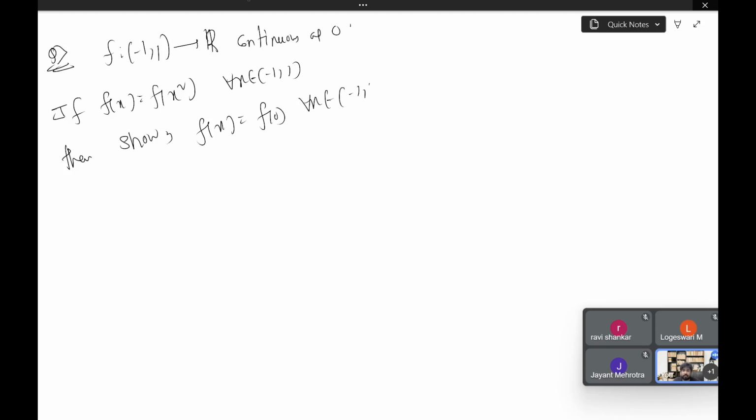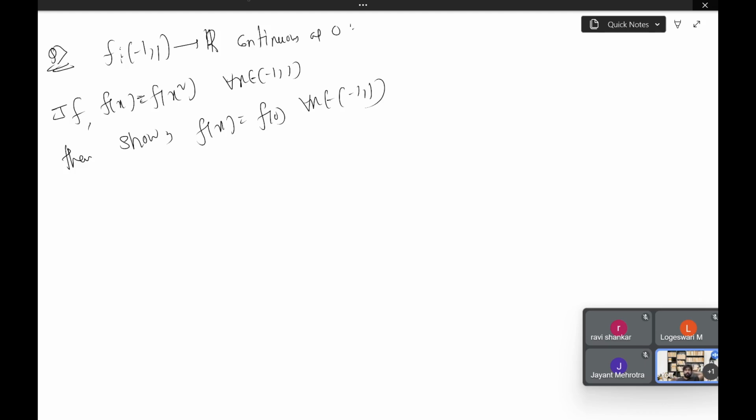Let me read out the question. f is a map from minus 1 to 1 to the reals which is continuous at 0, and assume that f(x) equals f of x square throughout the domain. Then we need to show that f(x) is nothing but f(0) for all x in minus 1 to 1.